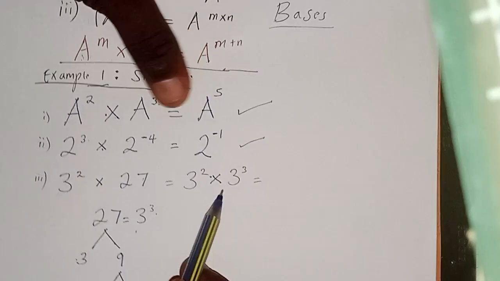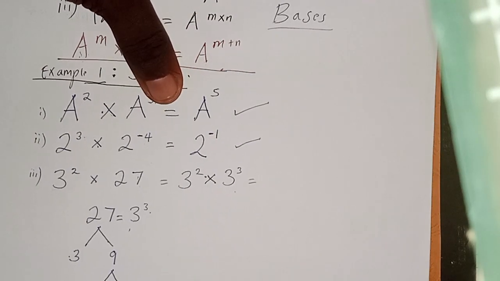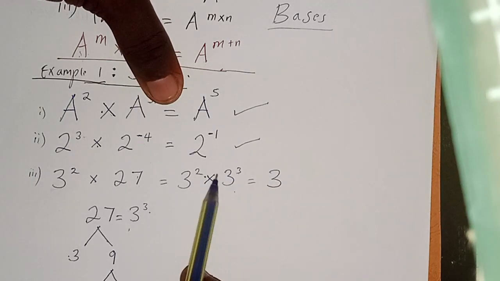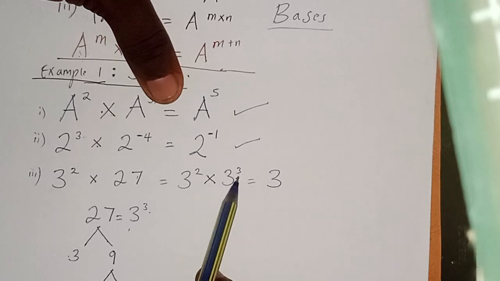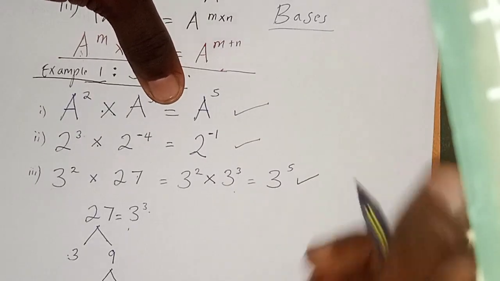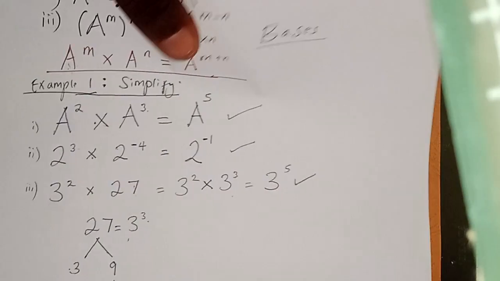Now this becomes more simple, right? The base is the same. What is our base? Base 3. Write the base. How do we handle the powers? We add them. That is 2 plus 3, which gives you power 5. Correct. So that is the first law of multiplication.